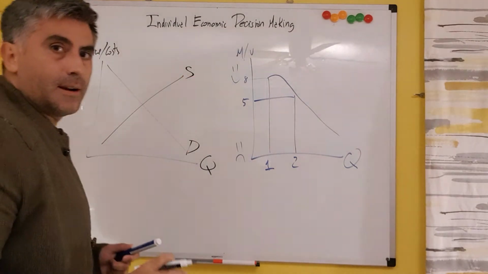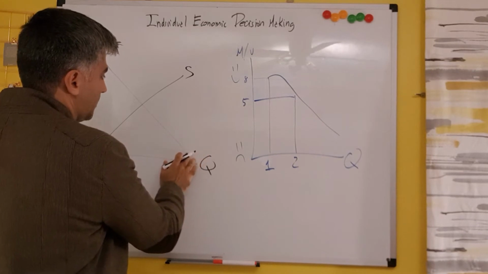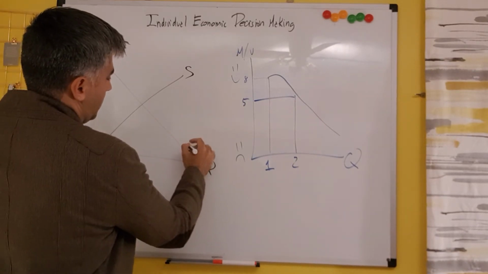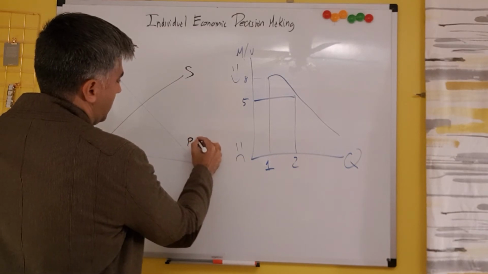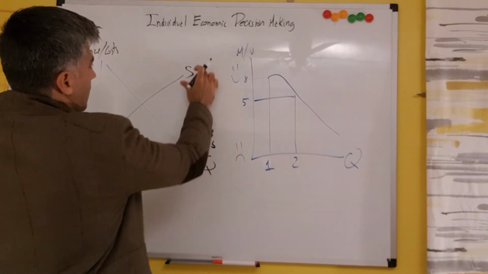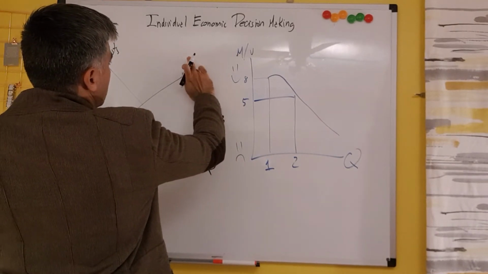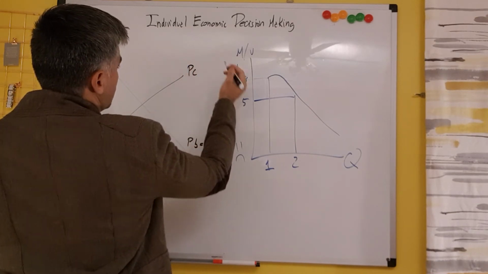Now, when we look at a social benefit, the demand stops being a demand curve, and we call this the private benefit equals the social benefit. The supply curve here is the private cost versus the social cost.